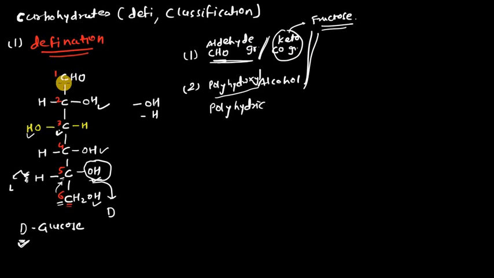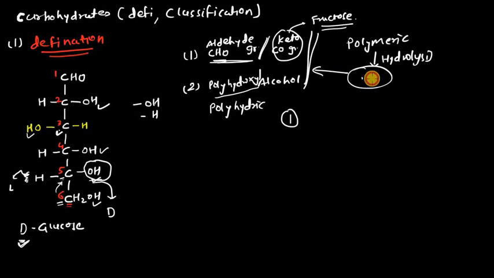Now if I want to define carbohydrate based on this structure and some derived observations: one, the carbohydrate contains an aldehyde or keto group and polyhydric alcohol groups. Second, if certain polymeric substances on hydrolysis give such substances as hydrolyzed products, then you will consider such polymeric substances as carbohydrates also.